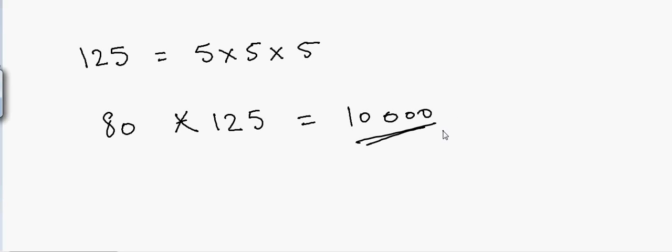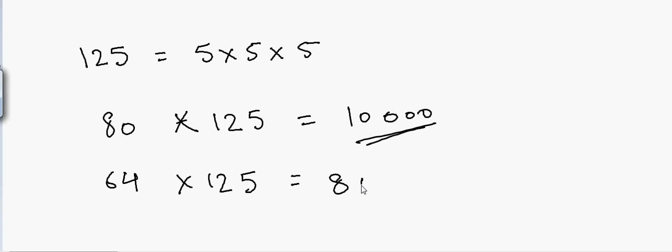Again, let's take another example. If I have 64, as we know, 8 into 8 is 64. In this case, if I multiply by 125, that will be equal to 8, because we divided 64 by 8, and then put 1000 in the end.